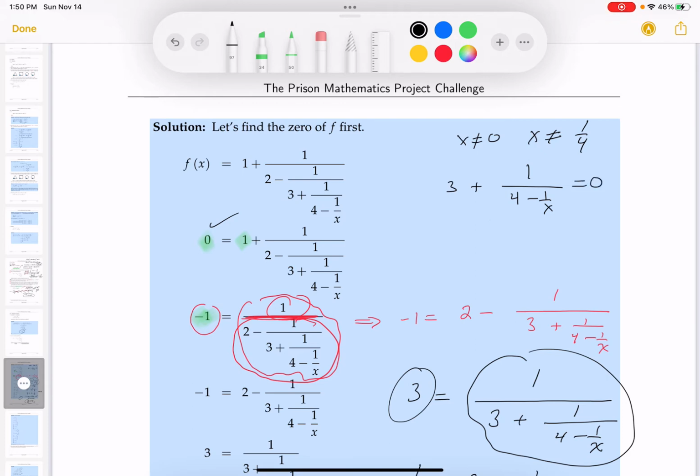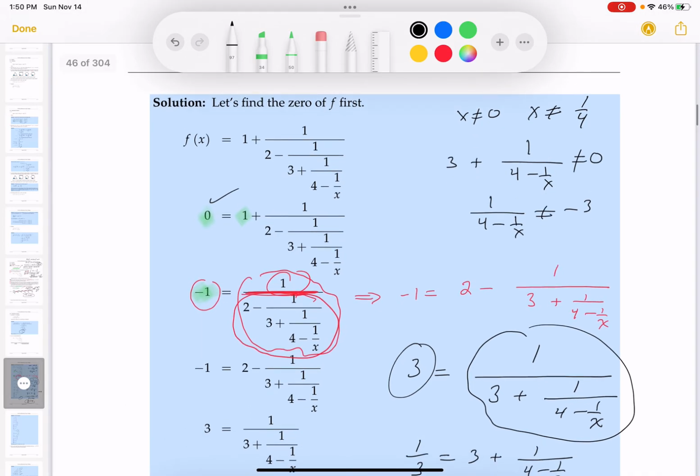Now I'm going to write that a little differently. 1 over 4 minus 1 over x can't be minus 3. And now what do I know? I know 4 minus 1 over x cannot be equal to minus 1/3.